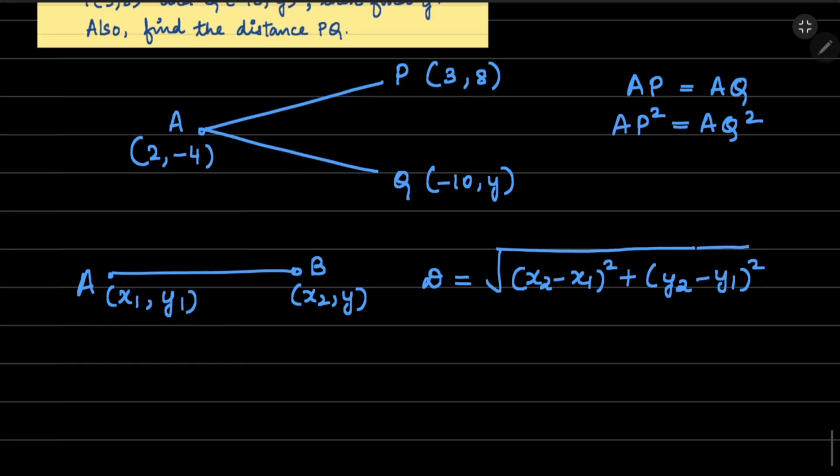Now let us apply. So you can take x2 is 3, and just considering this as x2, y2 and this is x1, y1. So I'll be doing P minus A here.